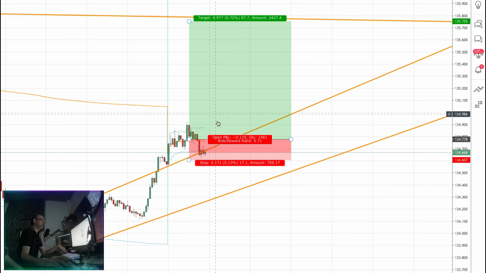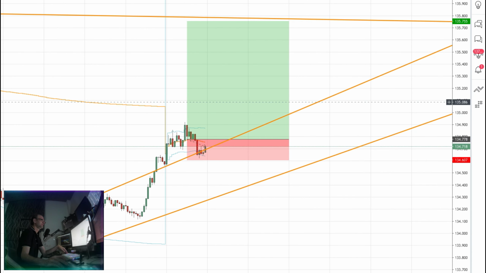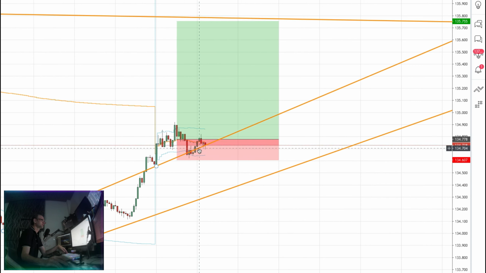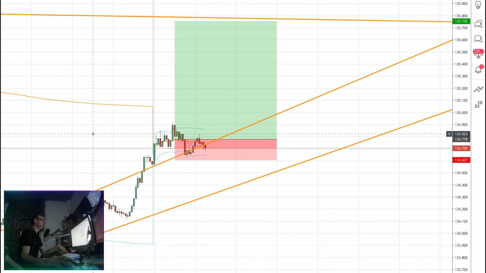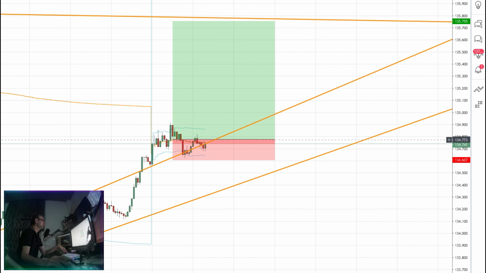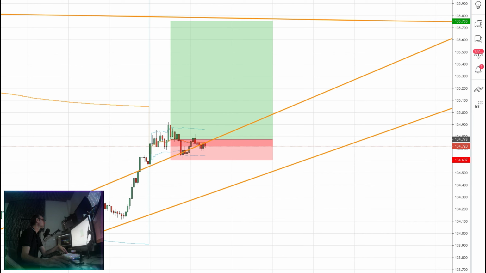I technically made a reversal here already. We're still above this structure here, so maybe it actually holds. But I will definitely take profit a lot earlier, just to get a target here.